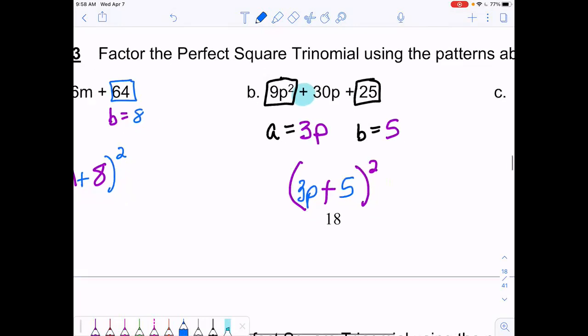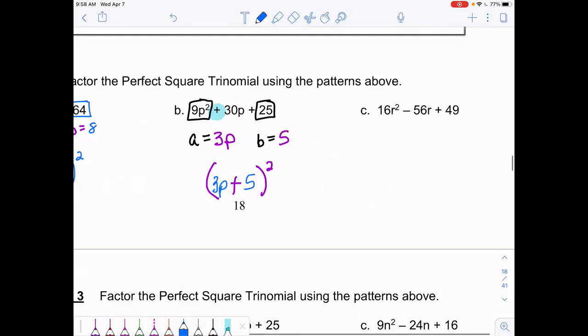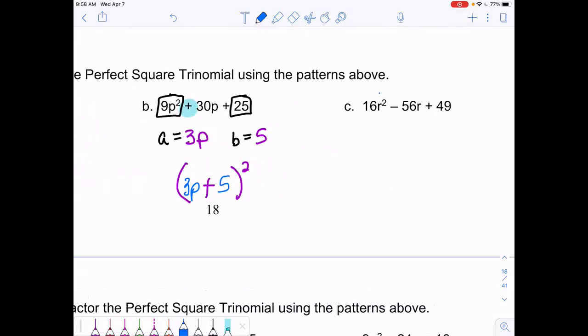All right, let's look at letter C. Same thing. I have a trinomial. 16 and 49 are perfect squares. So this works when these numbers are perfect squares. Emma, what times what makes 16? 4. And then there's an R. And then Emma, what times what makes 49? 7. All right, Emma, we got our parentheses squared.